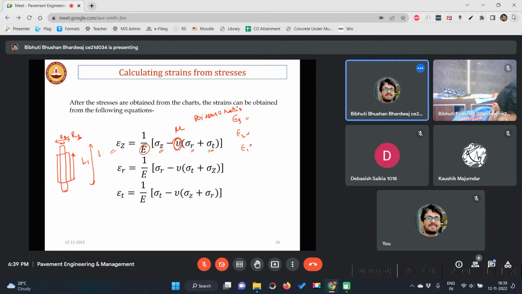Now it has become L2. So basically delta R by R, which is R2 minus R1 by R, divided by delta L by L, L2 minus L by L. Okay. So this is L1 minus L2, I think. So this is Poisson's ratio.